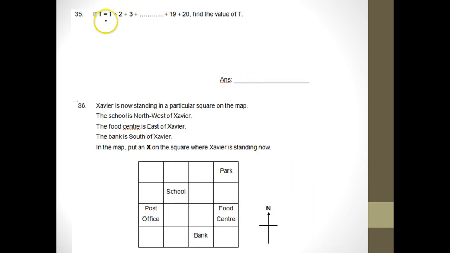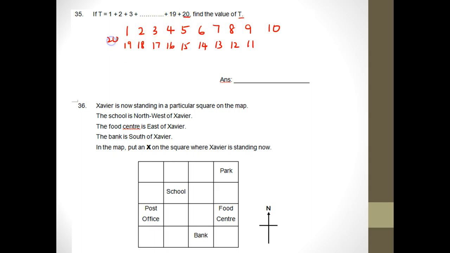Question 35. T is 1 plus 2 plus 3 plus 4, and so on up to 20. Find the value of T. So let's add 1 plus 2 plus 3 plus 4 plus 5 plus 6 plus 7 plus 8 plus 9 plus 10, 11 plus 12 plus 13 plus 14 plus 15 plus 16 plus 17 plus 18 plus 19, and last one plus 20.